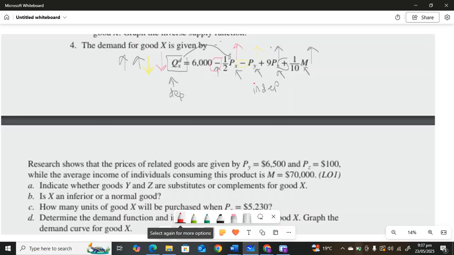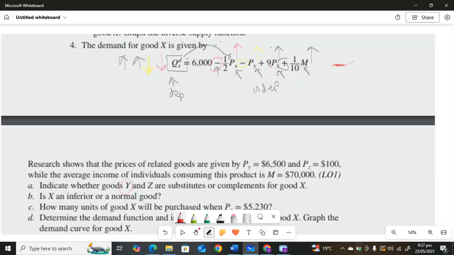So when it's a negative sign, they are complementary. So Y is a complement of good X because we've got a negative sign here.